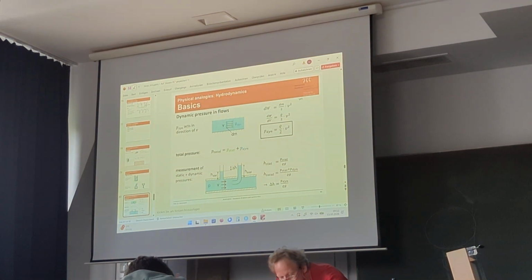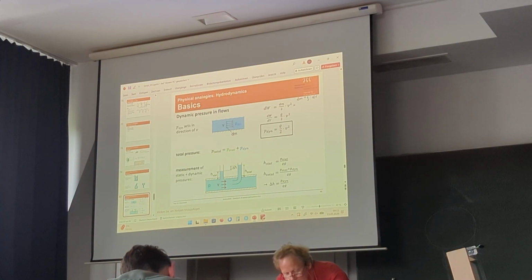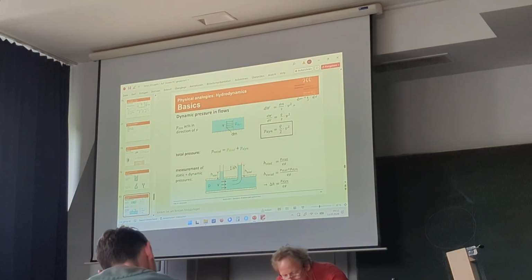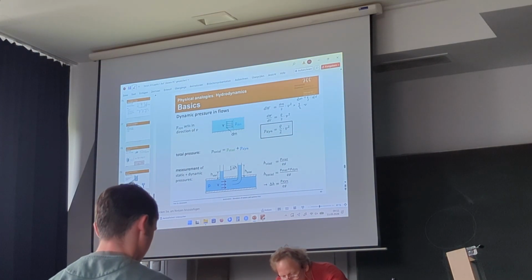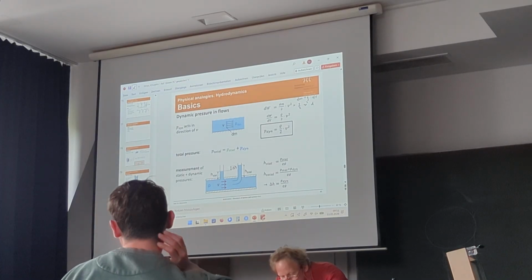Okay, so here we can say mass, or dm, is density times a very small volume. And that means here we can write the very small kinetic energy as rho by 2 times velocity squared times dV.